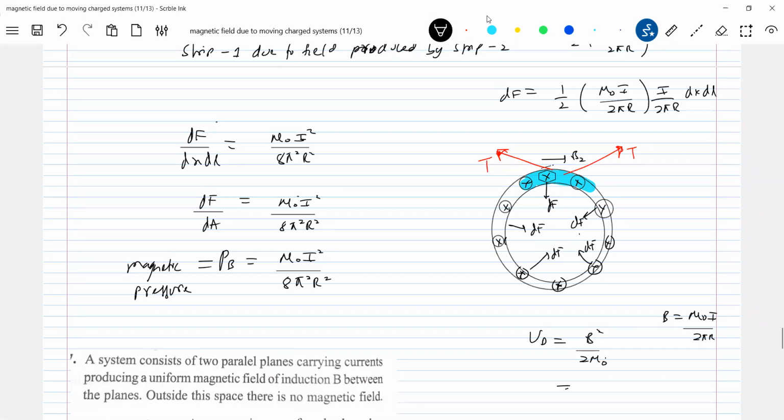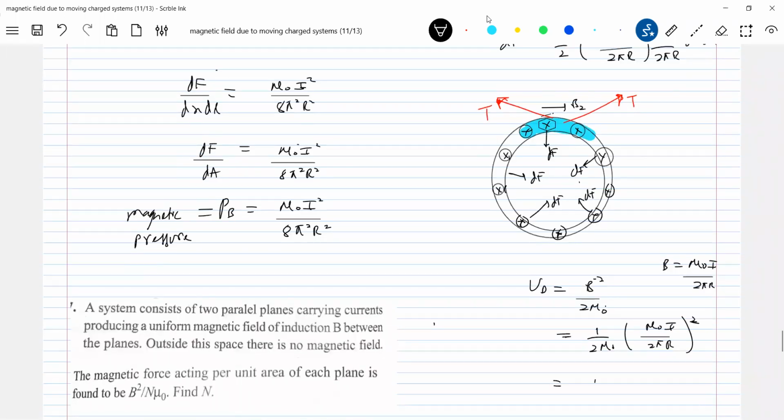You will end up with the answer very easily, no? 1 by 2 mu naught, and you get mu naught I squared by 8 pi squared r squared. It's over. But will the pipe contract or expand? Who will answer that? You can't prepare in advance for these kinds of questions.